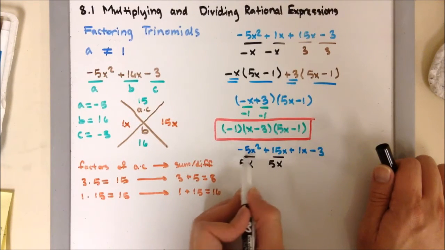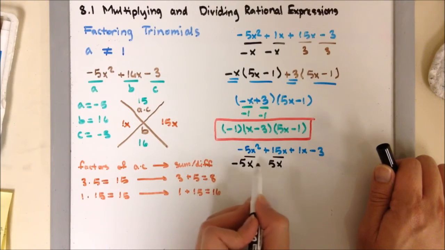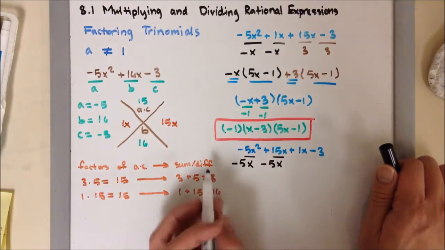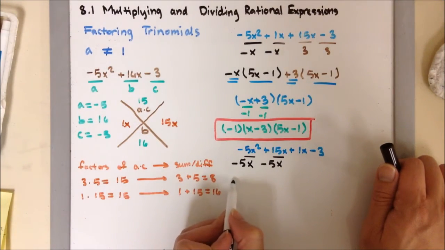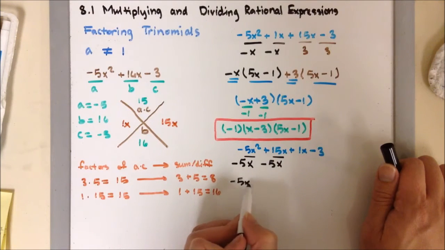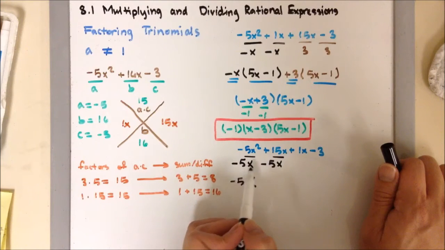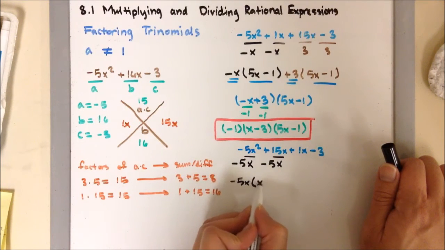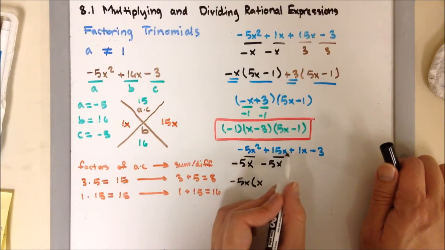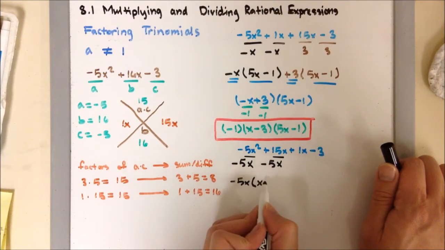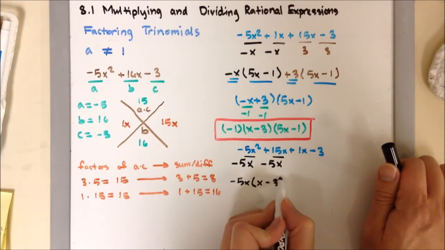In addition, my first term is negative, so I'm going to put negative 5x. So when we factor, it's going to be negative 5x outside of parentheses. Negative 5x squared divided by negative 5x will be positive x. Positive 15x divided by negative 5x will be minus 3, close parentheses.